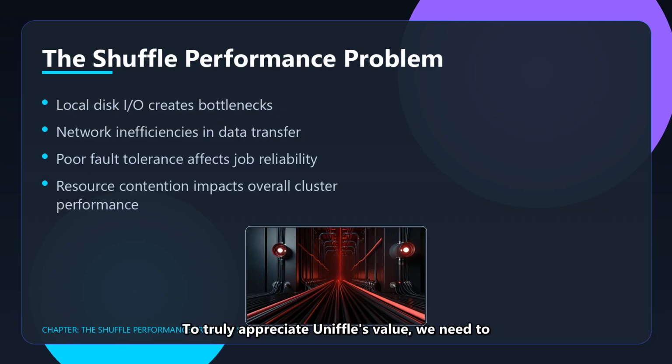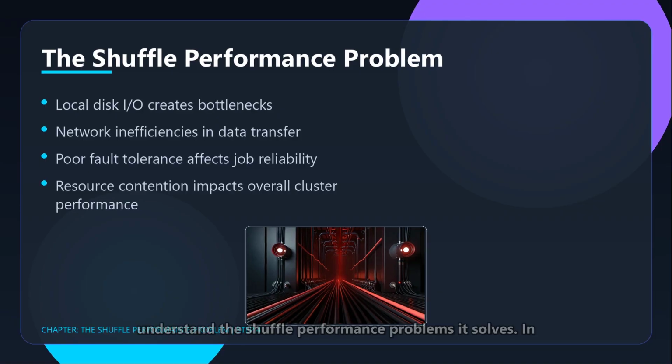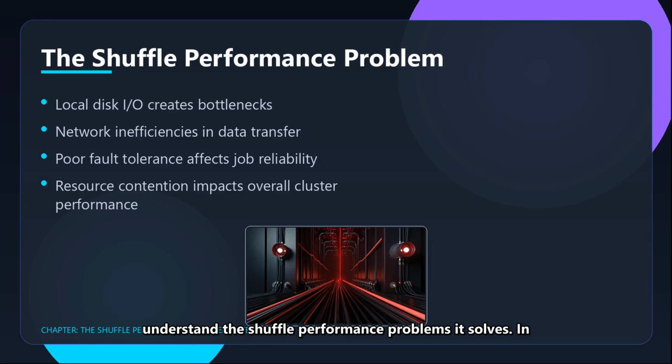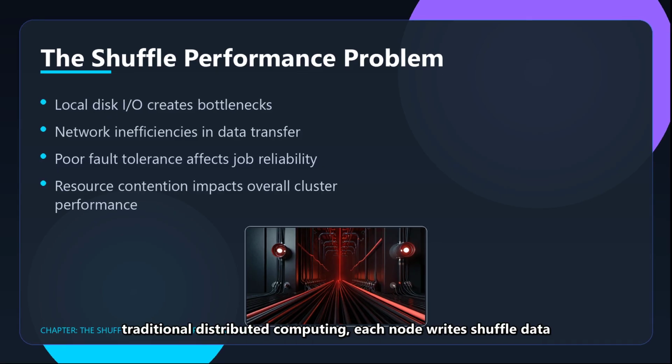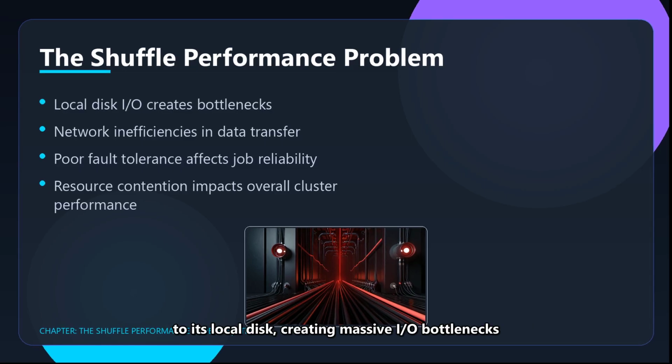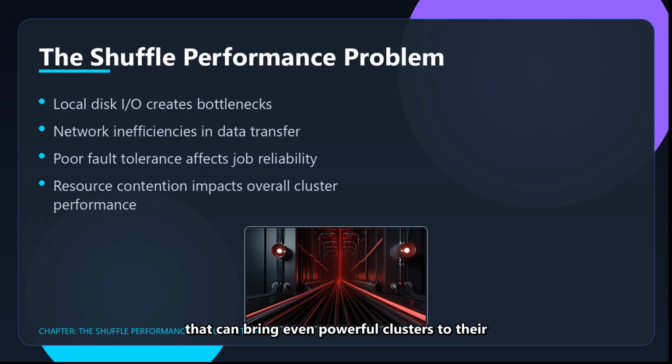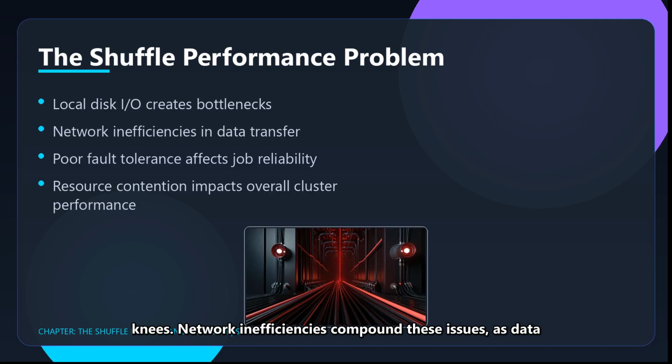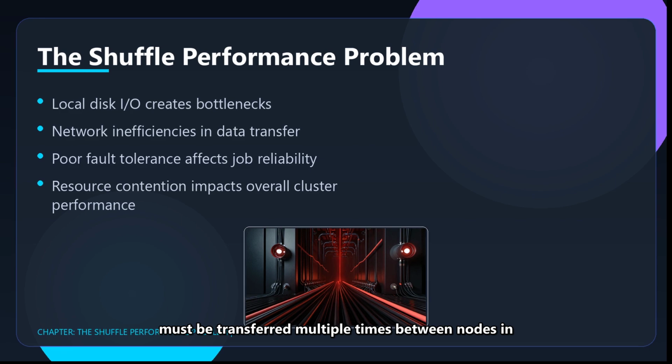To truly appreciate Uniffle's value, we need to understand the shuffle performance problems it solves. In traditional distributed computing, each node writes shuffle data to its local disk, creating massive I/O bottlenecks that can bring even powerful clusters to their knees. Network inefficiencies compound these issues, as data must be transferred multiple times between nodes in inefficient patterns.